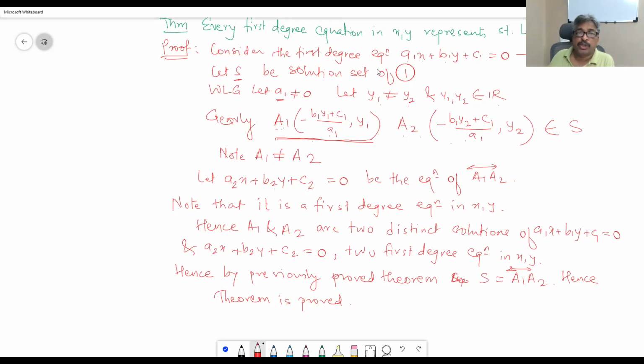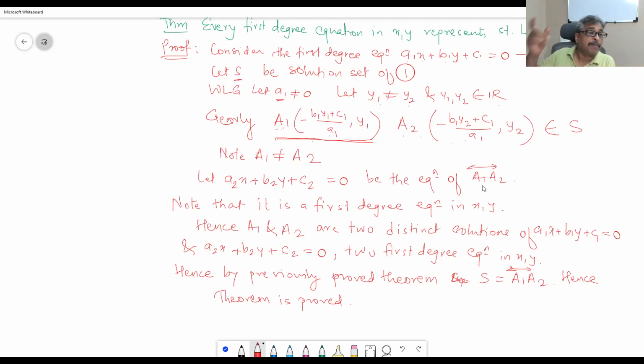So my first solution set is S, and the solution set of the second is line A1A2. However, A1 is part of this solution set S, and A1 is part of line A1A2. A2 is part of this solution set S, and A2 is part of line A1A2.